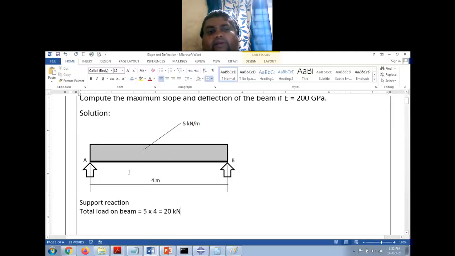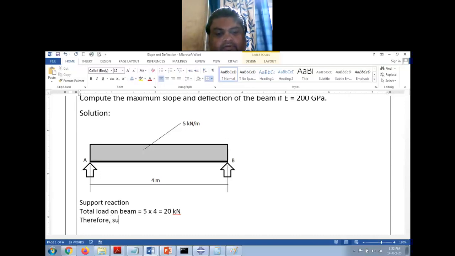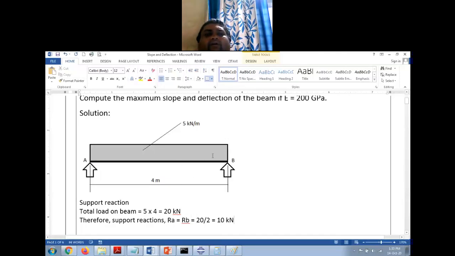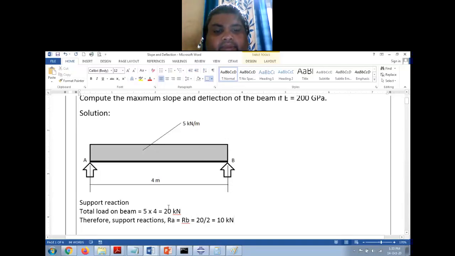Since it is symmetric, I can take the support reactions Ra is equal to Rb is equal to 20 by 2, which is 10 kilonewton, right? We have done all these things in our unit number 2, BMD SFD, when we are drawing BMD and SFD. Now I have the support reaction.